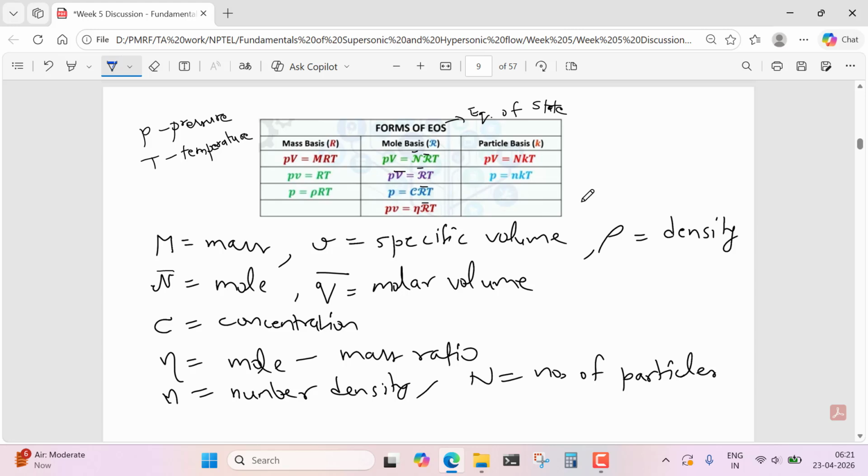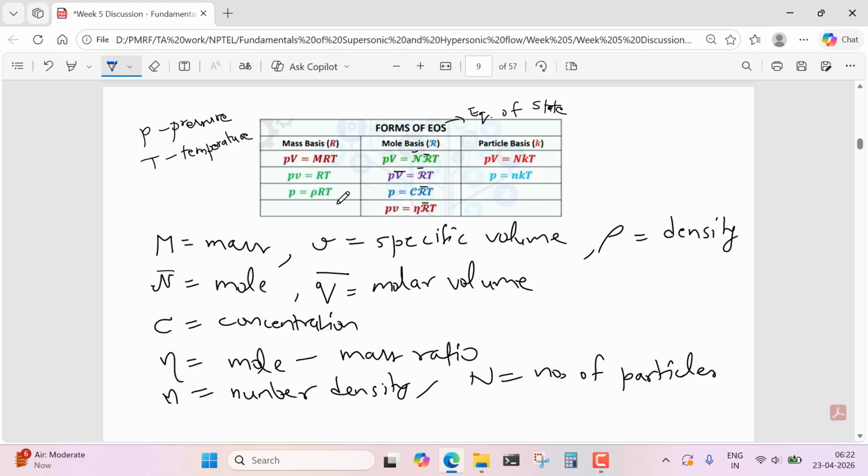So the mass basis equations are PV equal to mRT, Pv equal to RT, and P equal to ρRT. The mole basis equations are PV equal to n bar R bar T, P V bar equal to R bar T, P equal to C R bar T, and PV equal to eta R bar T. And the particle basis equations are PV equal to NkT and P equal to nkT.